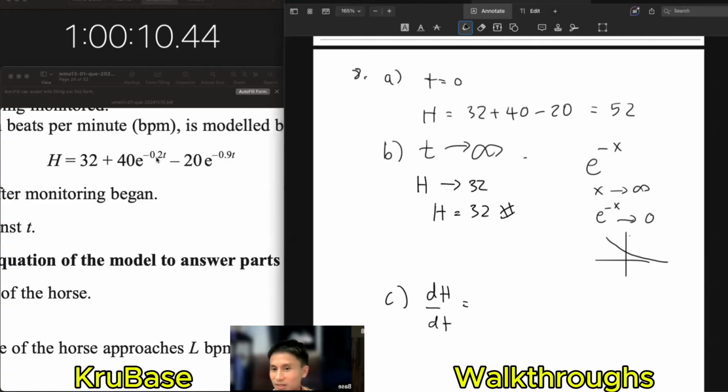Differentiating this, I'm going to bring minus 0.2 down to multiply 40. I get minus 8 e to the minus 0.2 t. That's just the chain rule. Similarly, bringing minus 0.9 down, multiplying minus 20, I get a plus 18 e to the minus 0.9 t. Clear?